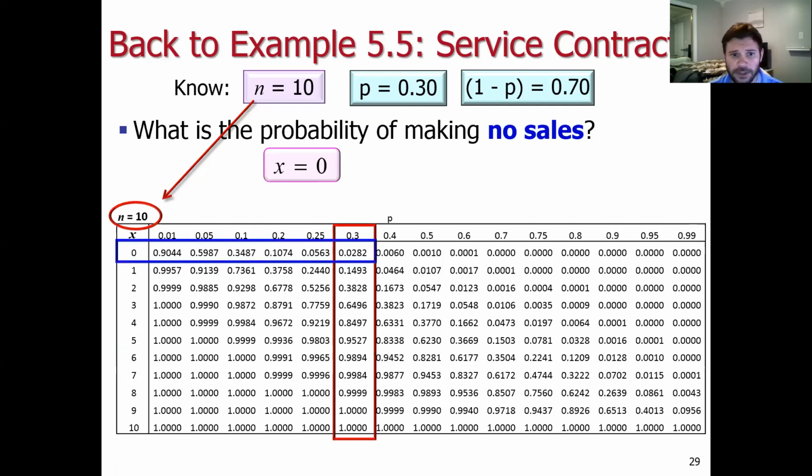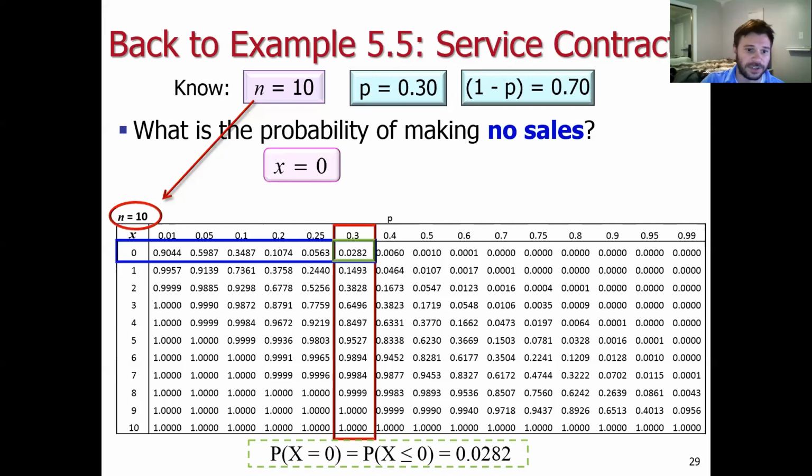Note that if we do that, we get a table value here that matches up exactly with what we had calculated on that previous slide. So go ahead and make sure you can check that that answer matches up with what we had seen already. Now, the one thing I do want to be clear about are these table values. They're not exactly the probability that x equals 0. I've written this carefully at the bottom of the slide.